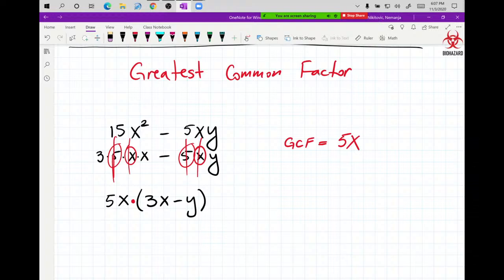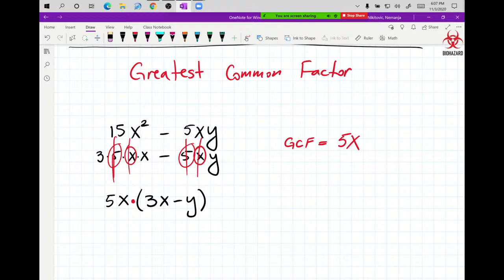But I like chapter 6 better because I can check my answer and I know for a fact that I did it correctly, which is something you can't do in chapter 5. In chapter 5, you multiply, and if you missed a sign, you're going to be marked off for that.